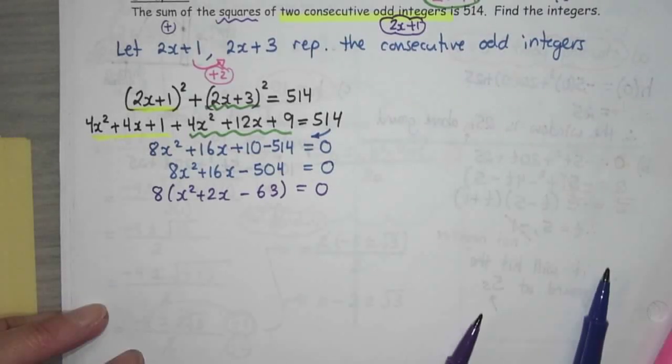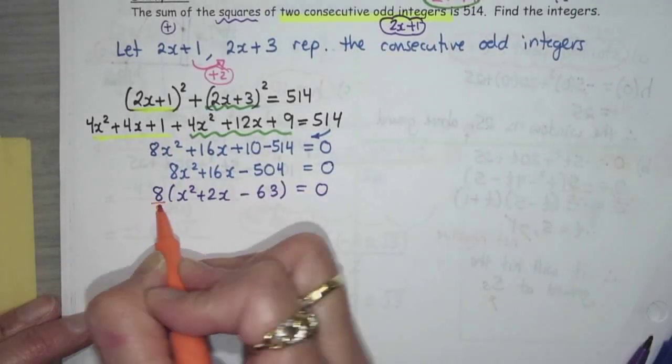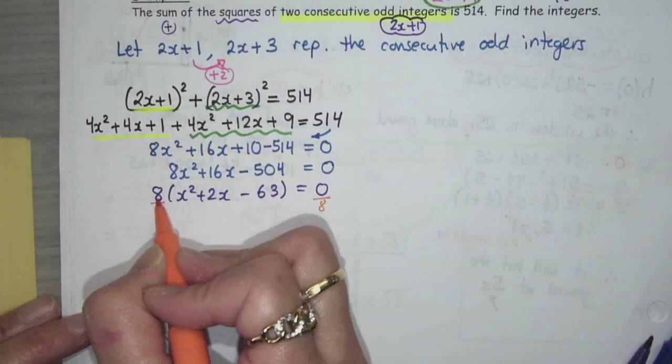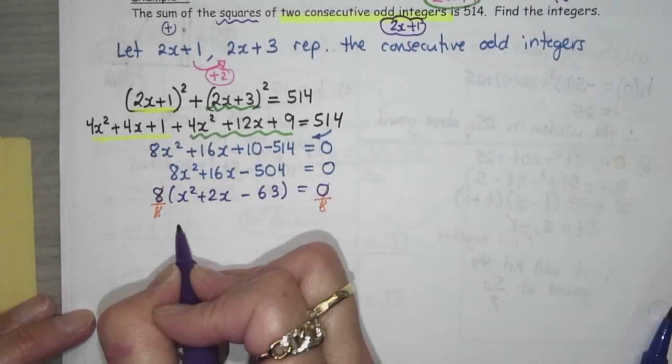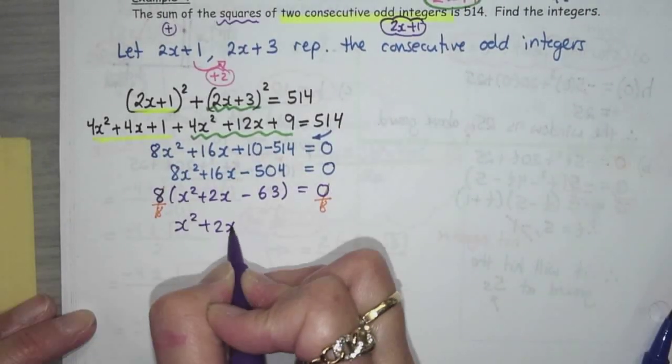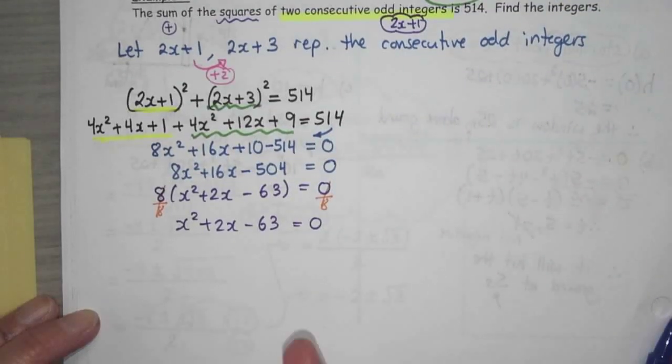So you can factor it, but then you're allowed to cancel it because you're allowed to divide by a number. Does that make sense? You're allowed to divide both sides by 8. Not a letter. You're allowed to divide by a number, though. That's 0 still, right? So then you're left with something that's factorable, so that's easy to factor.